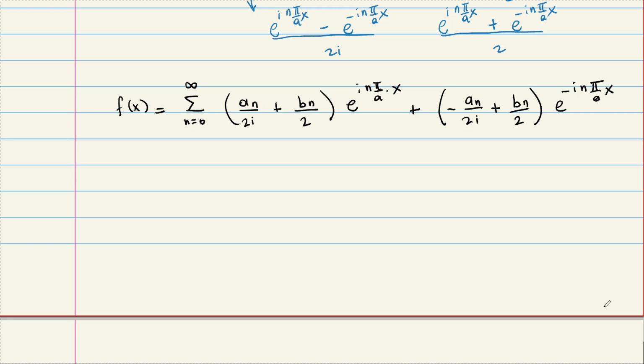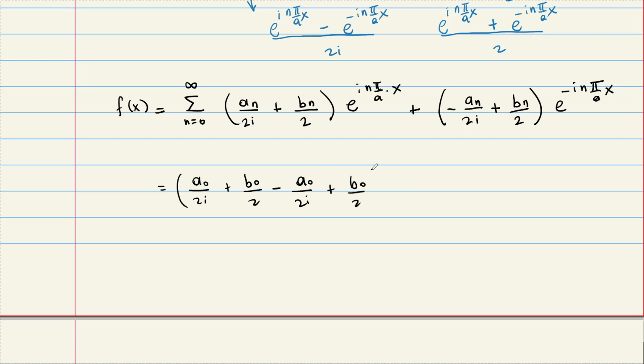Now let's separate the zeroth one. This is the zeroth one from here. This is 0, 1, this is 0, 1. So this is going to be a0 over 2i plus b0 over 2, minus a0 over 2i plus b0 over 2.